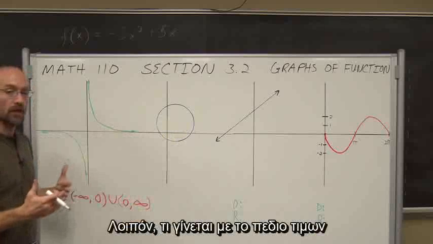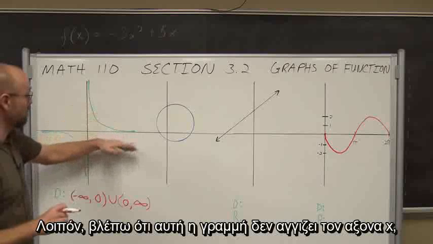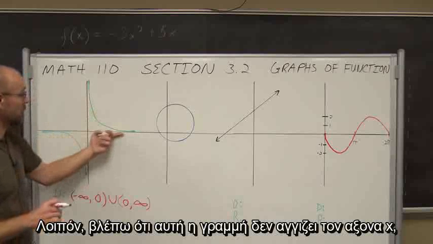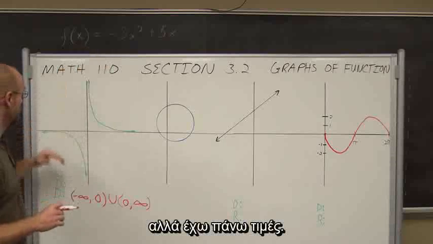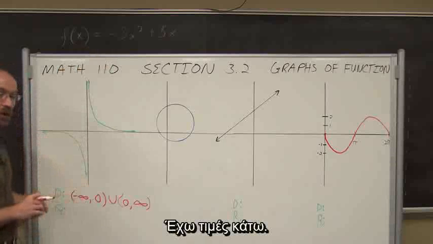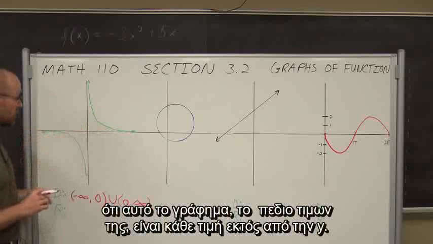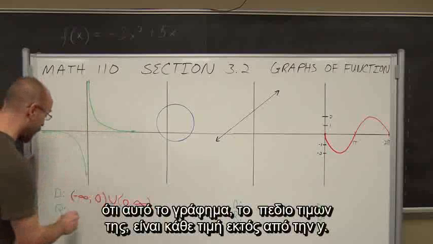Well, what about the range? What do we know about the range? I see that this line never goes through the x-axis, but I have values above. This line never goes through the x-axis, but I have values below. So we can see there's no x-intercept, which tells me that the range of this graph is every value except 0.